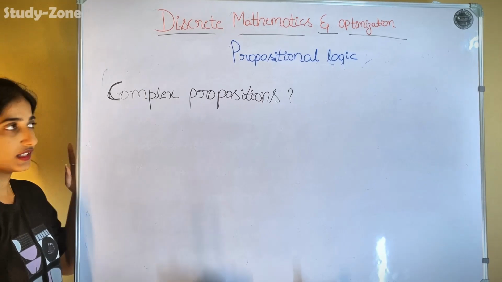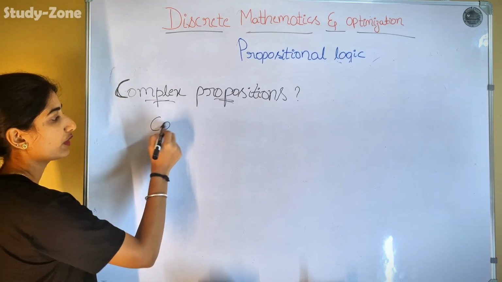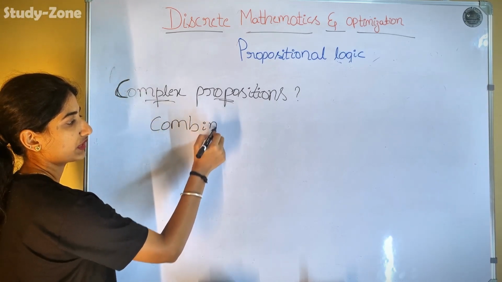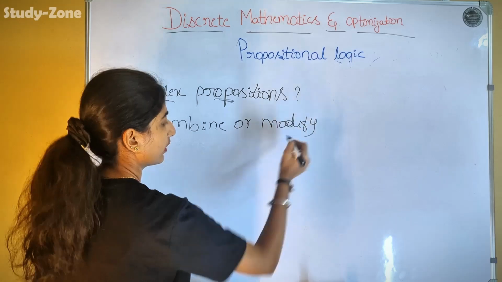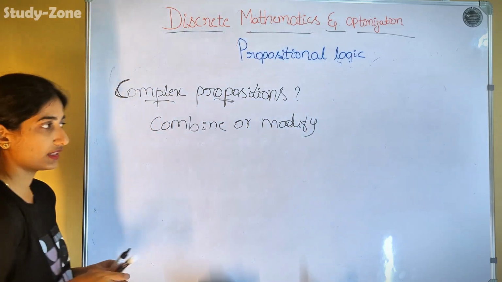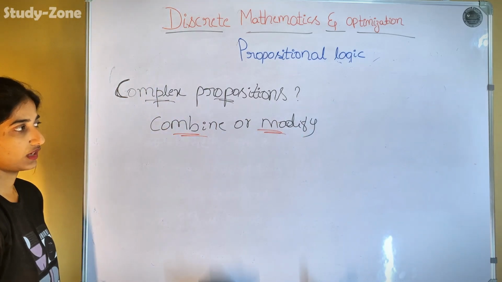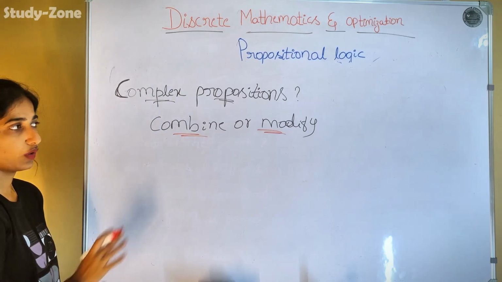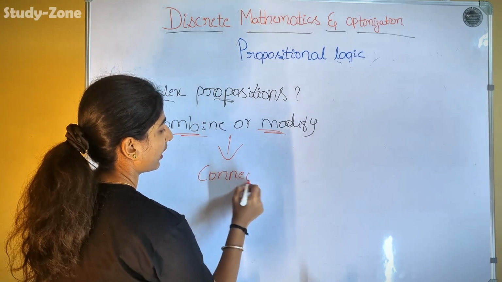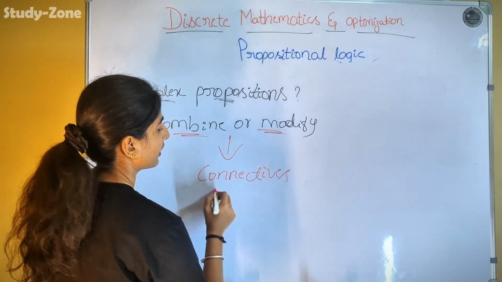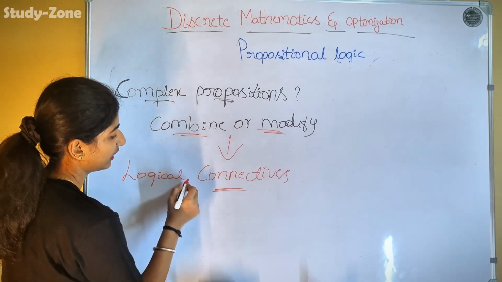So the next topic is complex propositions. In a complex proposition, what we are doing is combining two propositions or modifying a proposition. The main thing you should remember is that we combine propositions or modify a proposition. To do that, the main thing we need is connectives, also called logical connectives.